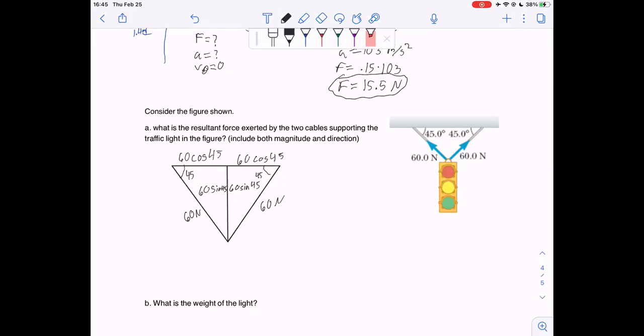Okay, now the equation we're going to use is F of y equals force sine of theta. So because the force is going to be coming straight down, we're just going to find the y component.